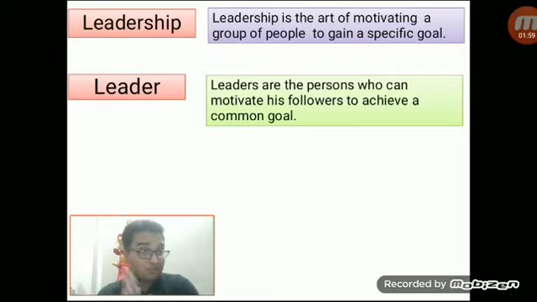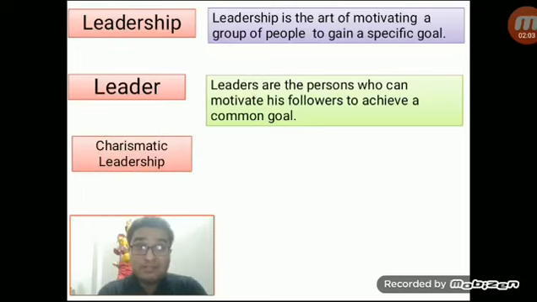The last one is very important, and that is charismatic leadership. You know, our great leader, our father of the nation, Bangabandhu Sheikh Mujibur Rahman, was a charismatic leader. So what is called charismatic leadership?